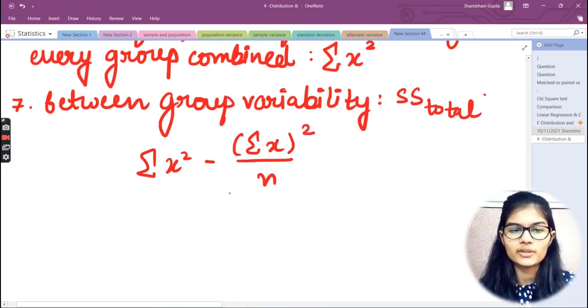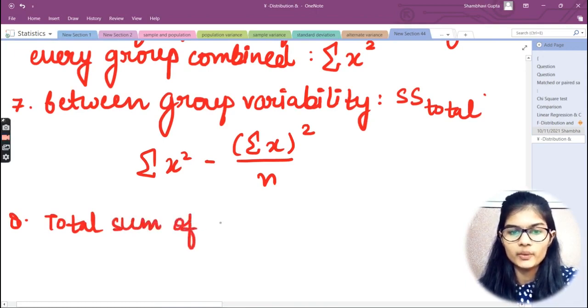Yes. Now this is the formula which we have for the between group variability. Okay, sigma x square minus sigma x whole square divided by n. Okay. Next we have number 8. Number 8 here is the total sum of squares.